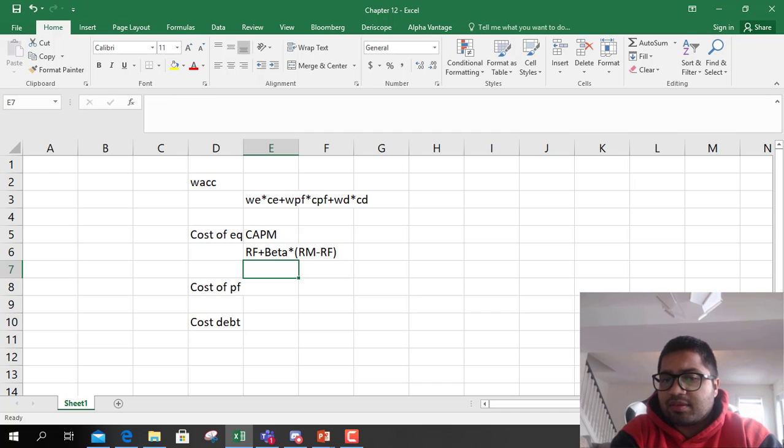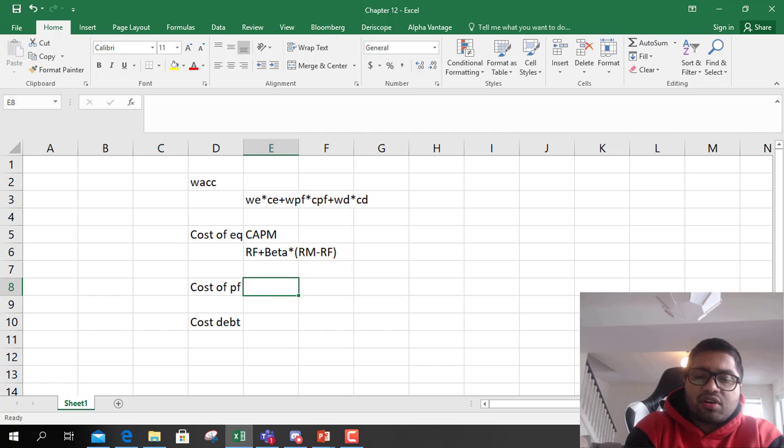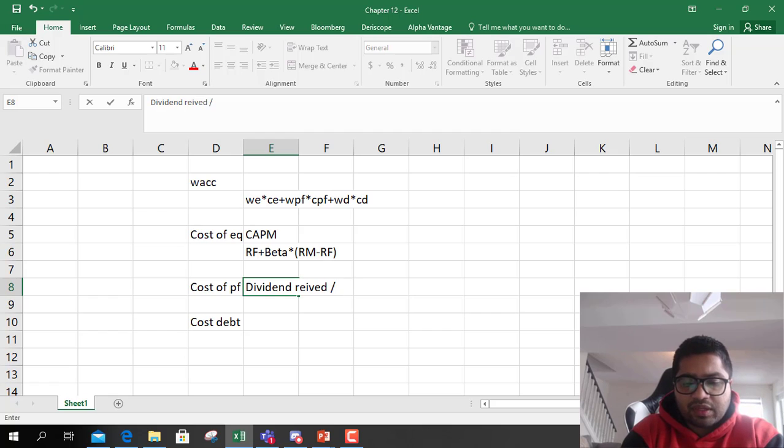Cost of preferred stock is the dividend received on preferred stock divided by the preferred stock price.